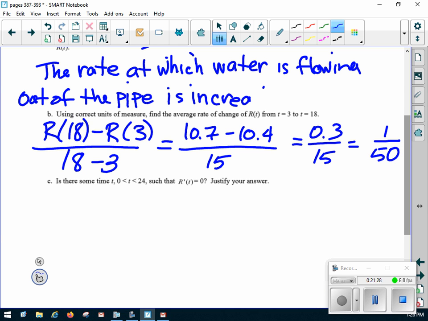Yeah, this is right. So, what are the units on this? Gallons per hour per hour.